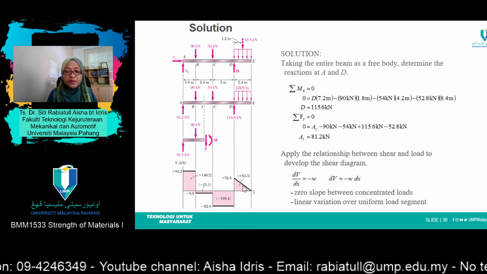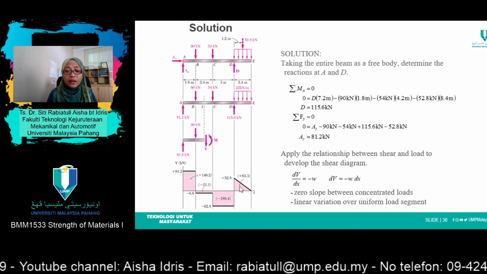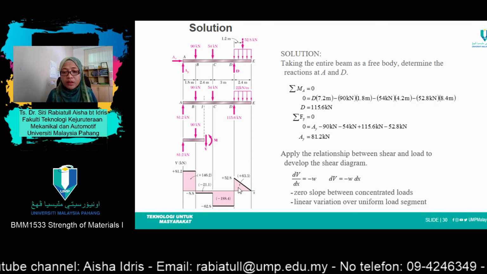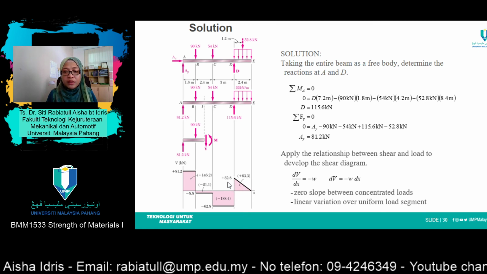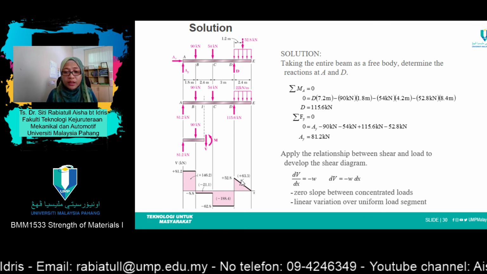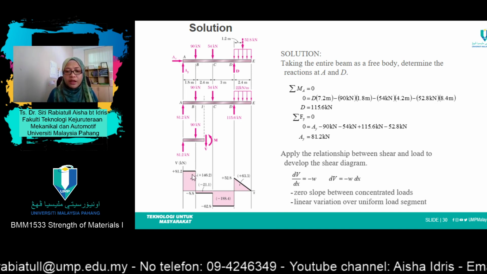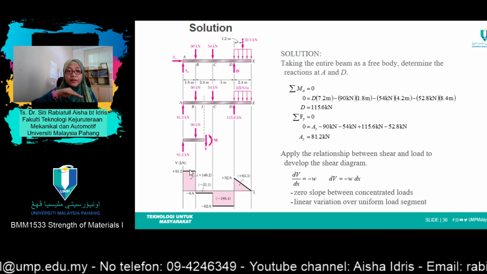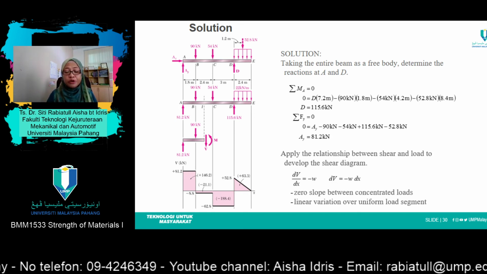And this one is a triangle area. Half times 2.4 times 52.8, you'll get 63.3. So by right, if it is a straight line, then the graph will have a slope, meaning that it will be a linear graph.